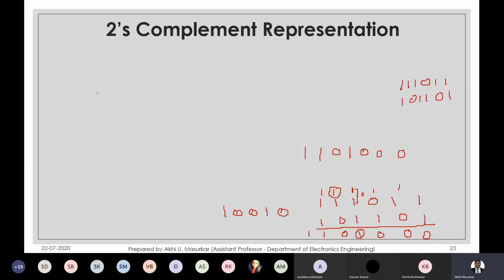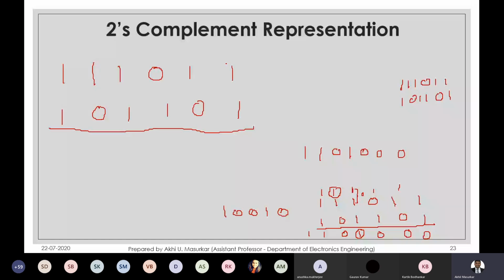Okay. So we have 111011, and then we have 101101. So this is something that we want to add.